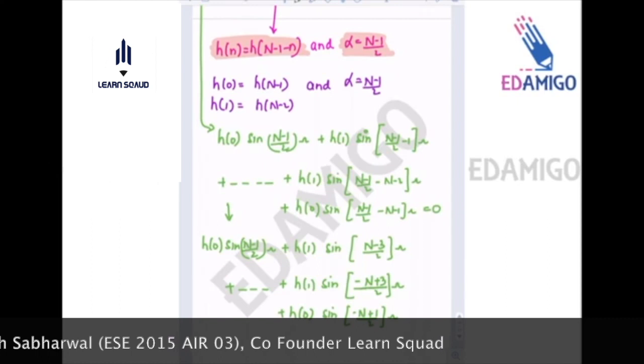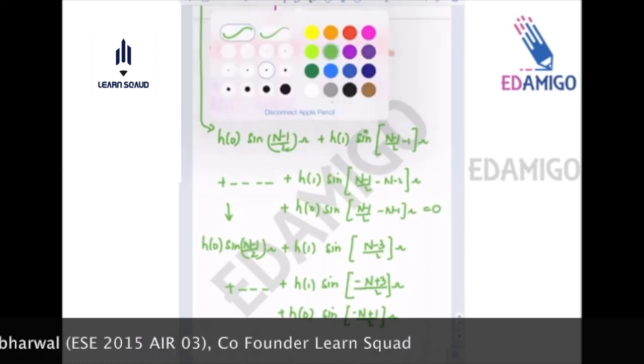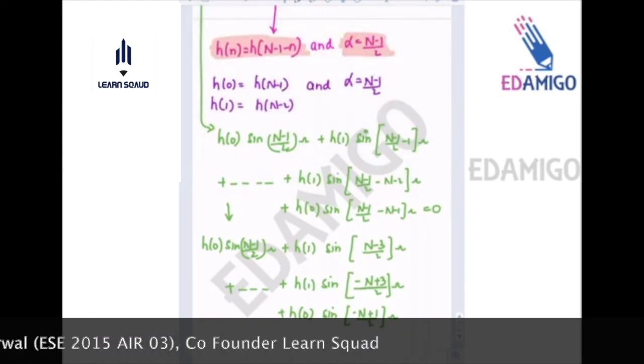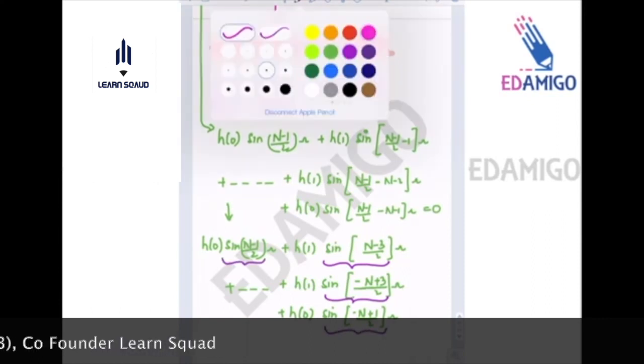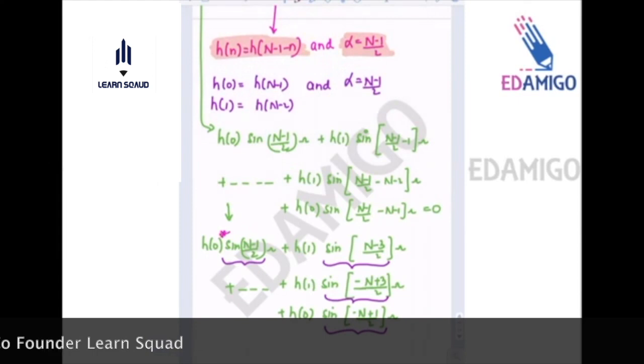Now I can see that since sine is an odd function, this term and this term are opposite to each other. Similarly, this term and this term are opposite to each other. So the first term will cancel the last term, and the second term will cancel the second last term.